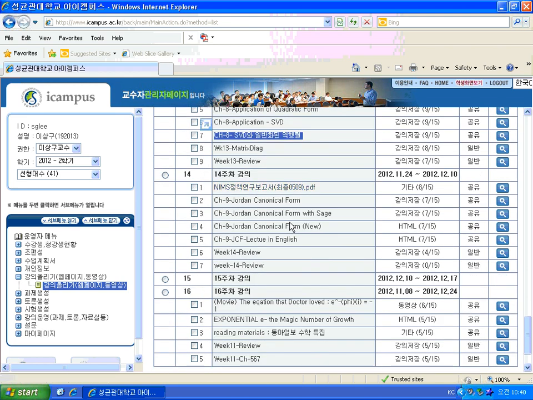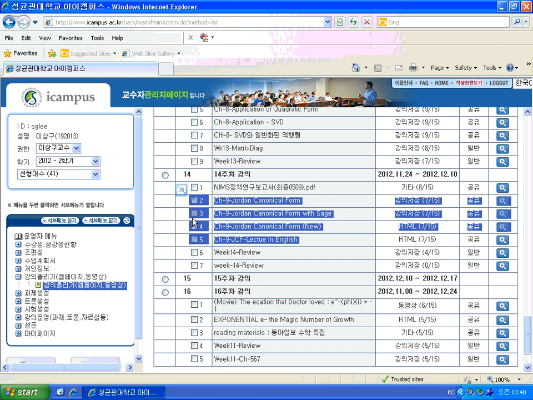And chapter 9 was the Jordan canonical form. As I mentioned earlier, the Jordan canonical form is the most simple form of a given matrix from which you can derive most of the results for the original questions. So if you are able to find the Jordan canonical form, then you don't have to deal with the original large complex matrix.